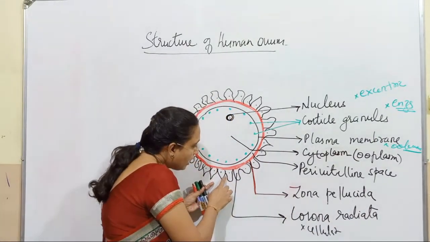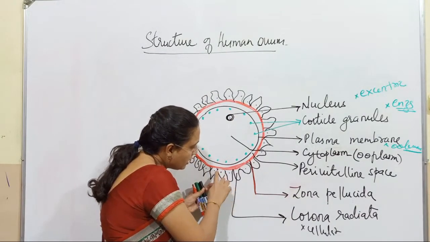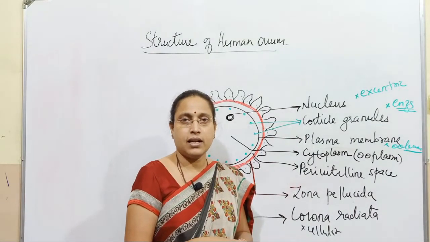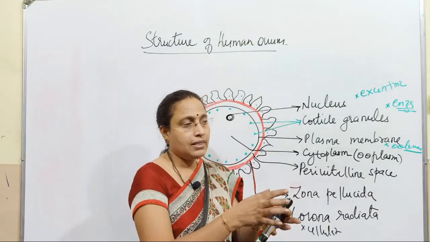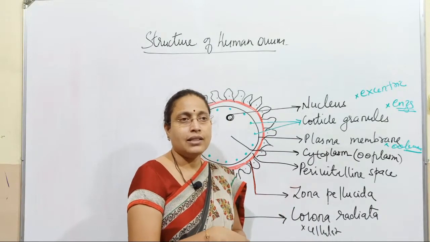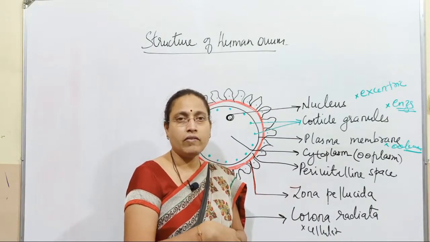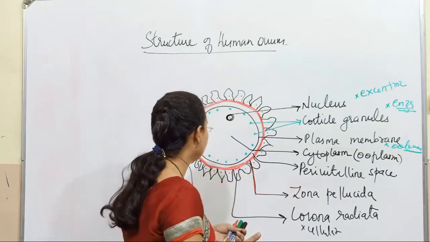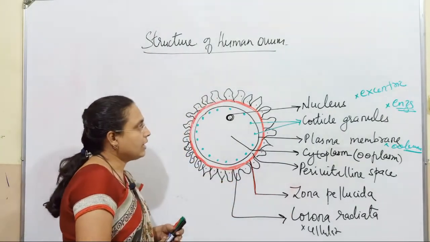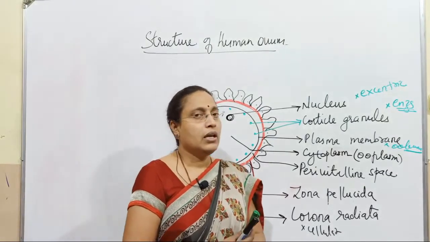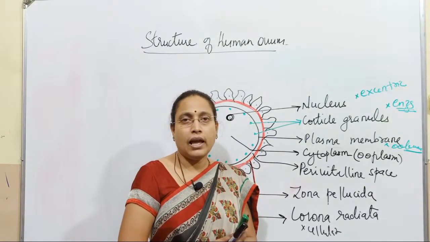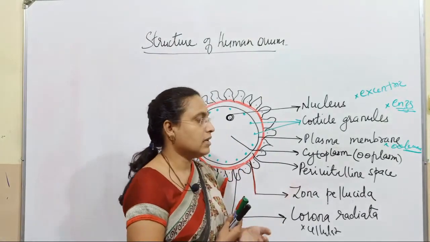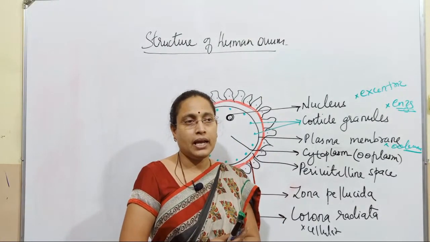The corona radiata cells stick to each other, that is, they bind each other because of a chemical called hyaluronic acid. When this chemical is digested, then cell separation occurs. This is also one of the events occurring in fertilization, which we will be studying in the subsequent classes. And in the ovum, if any layer is secreted by the actual oocyte, it is called the primary egg membrane.